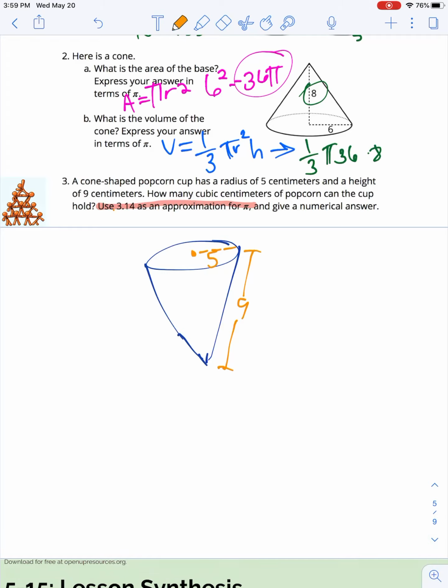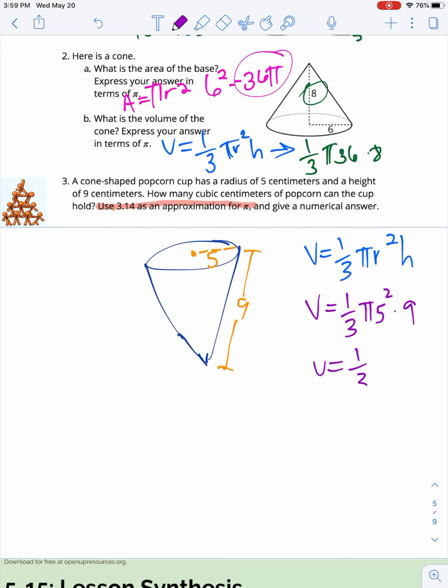Okay, so my formula is what? 1/3 pi r squared h. And then we start plugging things in. Radius is 5, 5 squared, height is 9.